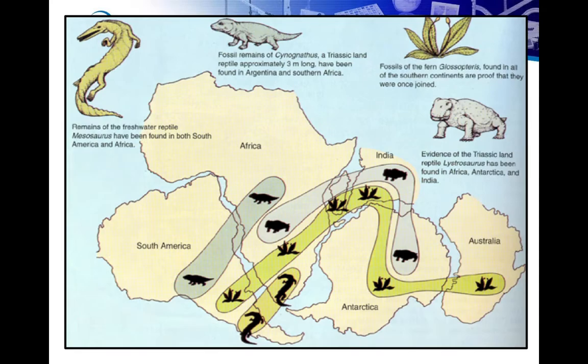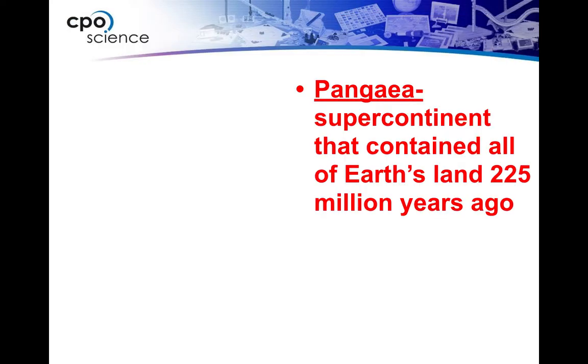Here's just another picture kind of putting it together too, showing you, okay, now if all of these things were connected, you can start to see why you maybe had these reptiles on those different continents. They're not going to swim across the ocean. It's not happening. They don't swim. Same thing with the ferns. So all of these things were the evidence that gave us the idea of continental drift.